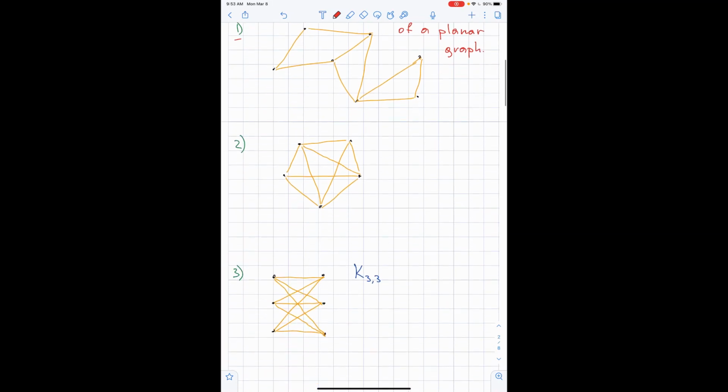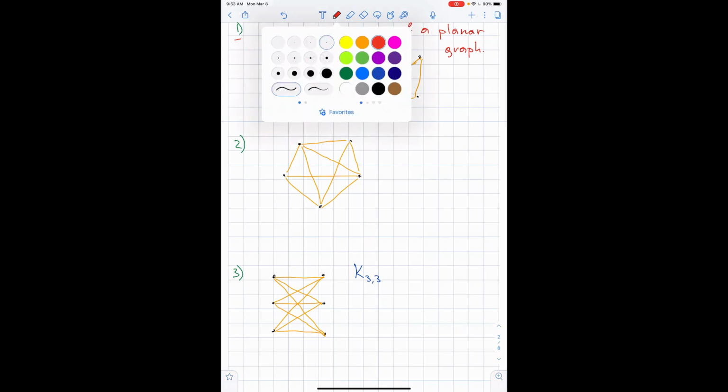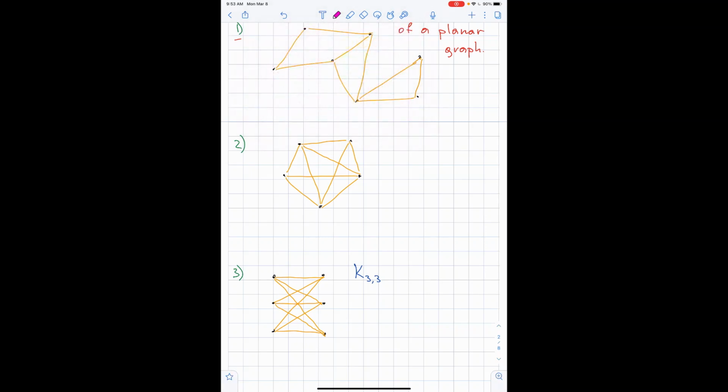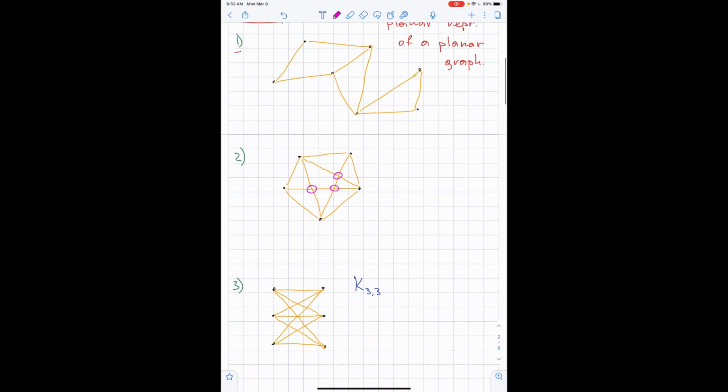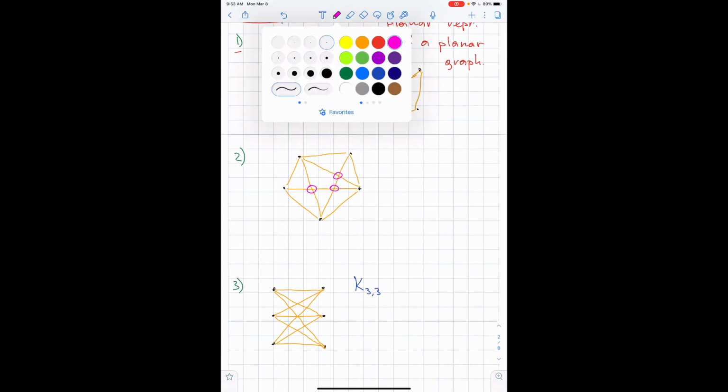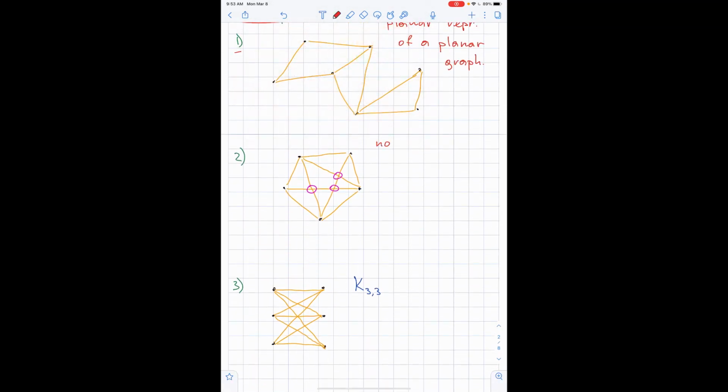Now, in the second example over here, we see that this graph has a lot of internal intersections of edges. So this is not a planar representation.